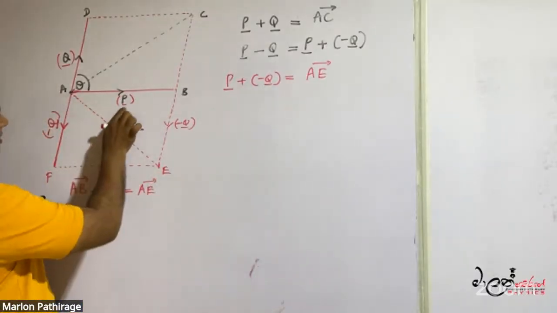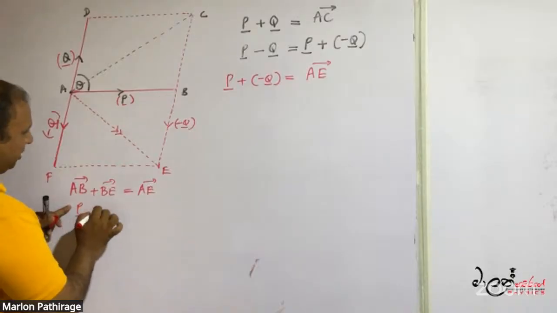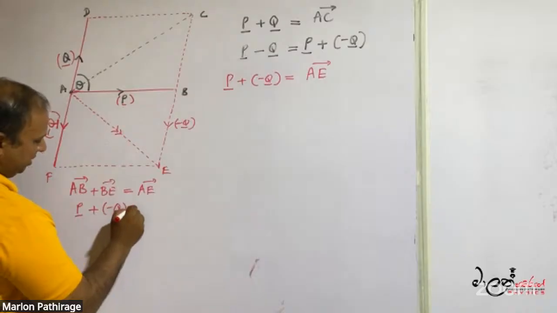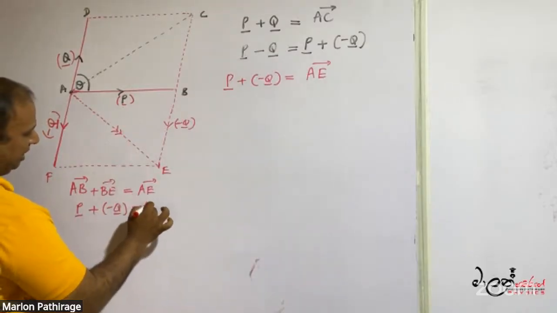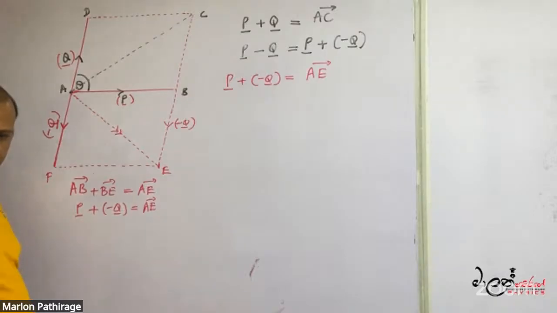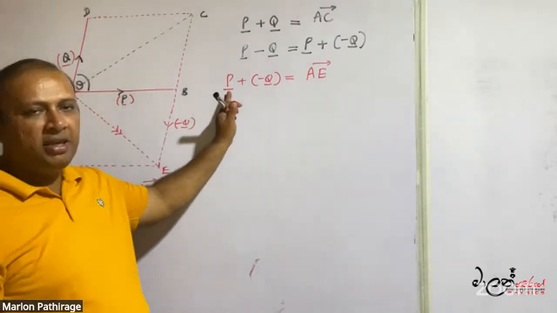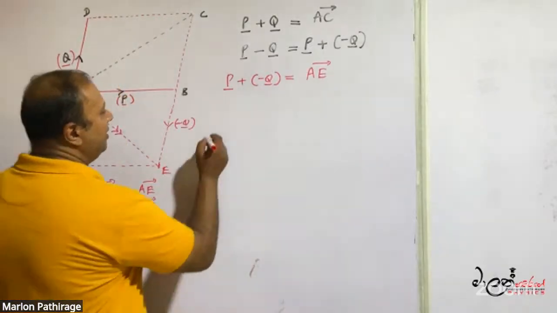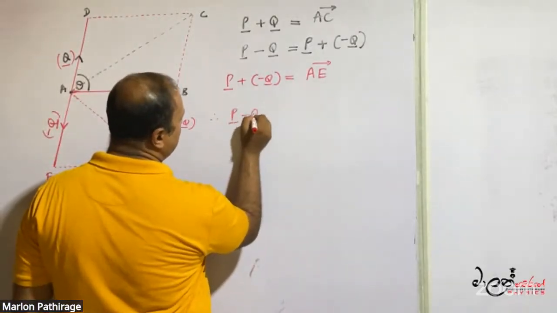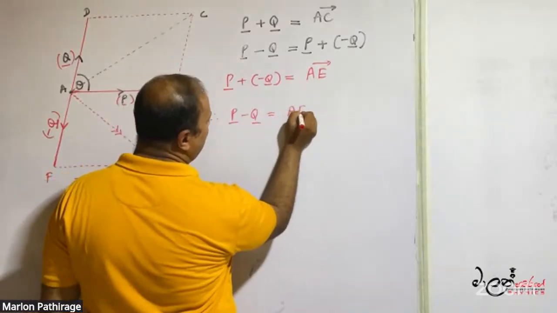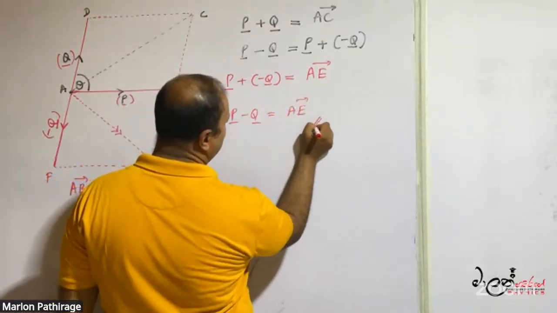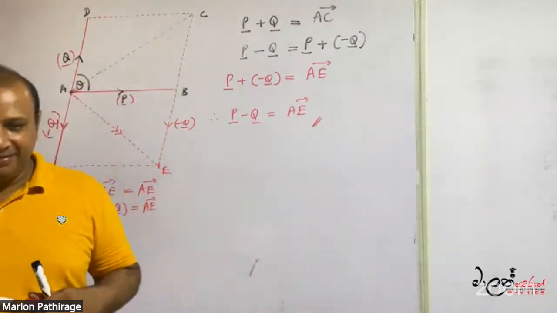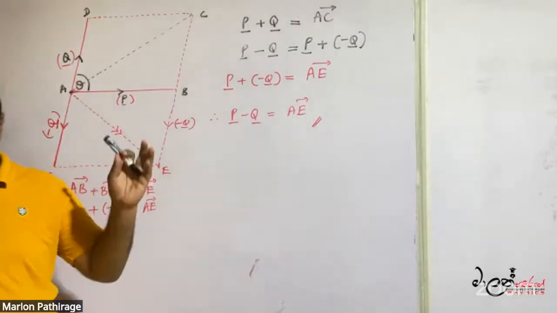AB vector means P vector, BE vector means minus Q vector, which is equal to the AE vector. Therefore, P plus minus Q vector is equal to the AE vector. Therefore, P minus Q should be equal to the AE vector. Is that clear? If you got that one, please raise the hand.